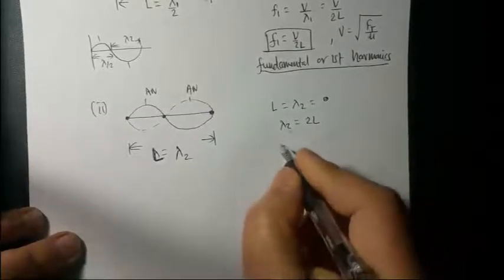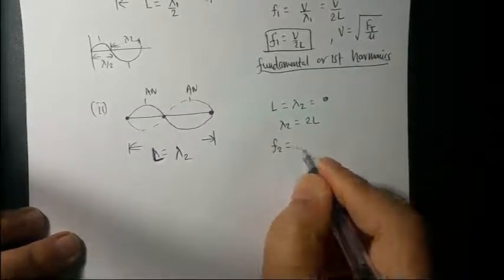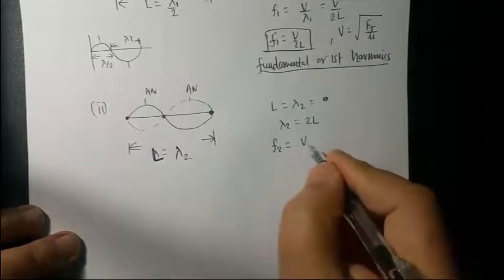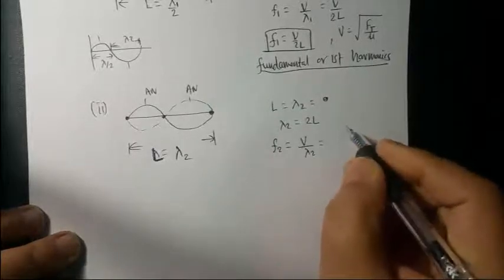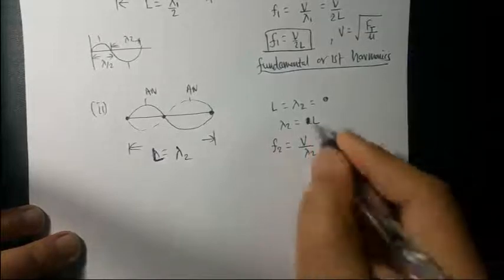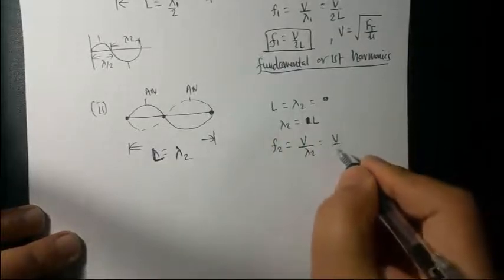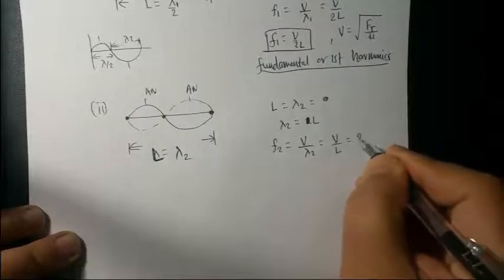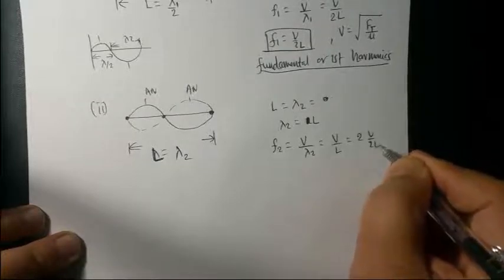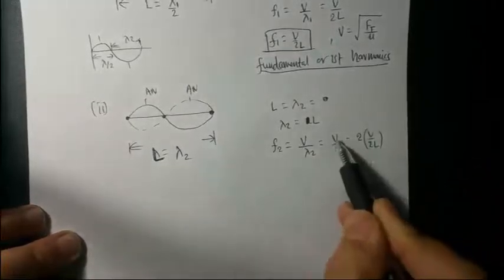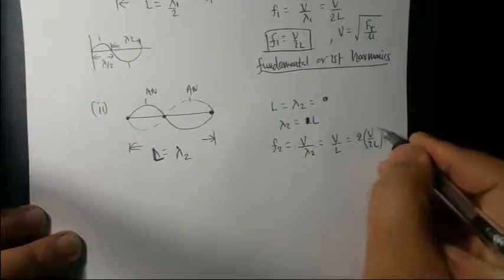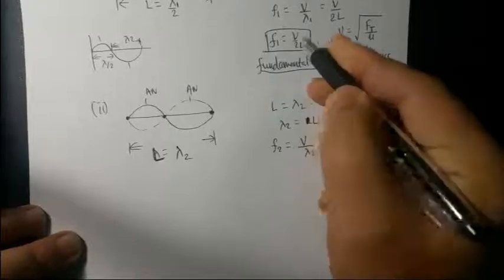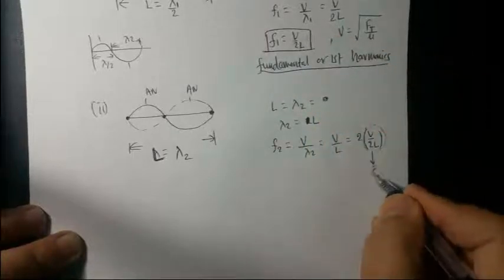And then what's the second harmonic frequency? It is the speed of the wave divided by lambda 2. So, I'm sorry, lambda 2 is just L. So it is V over L, and this can be written as 2 times V over twice L, because 2 divided by 2 is just 1. And this whole thing, V over twice L, remember, is our first harmonic formula.